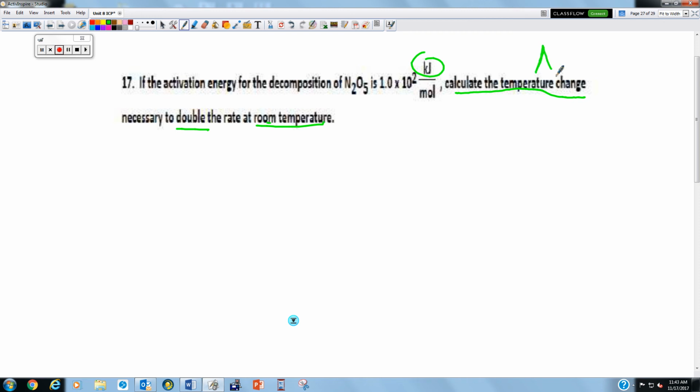So we are looking at delta T. Room temperature is about 25 degrees Celsius, so that means we have 298 Kelvin.